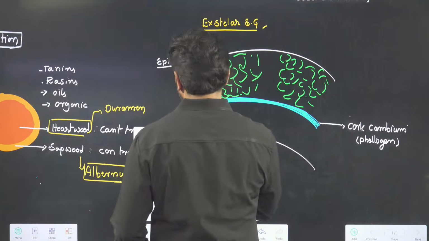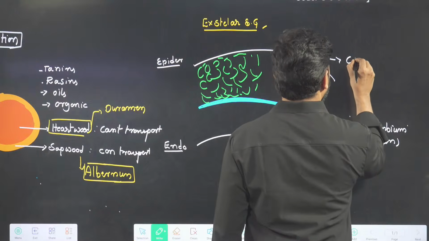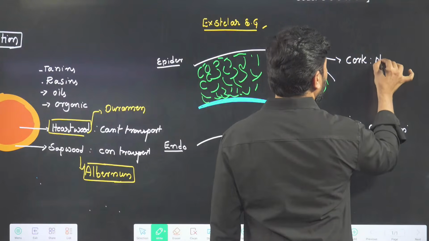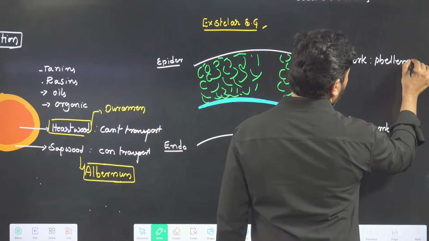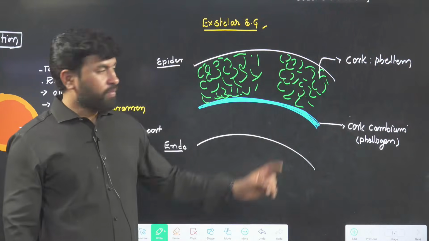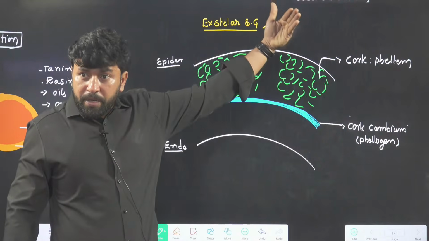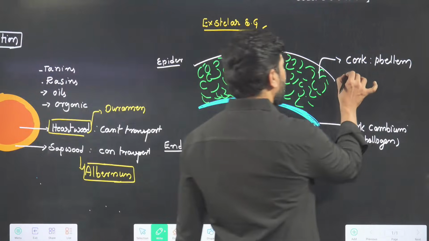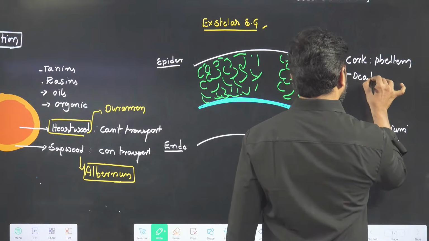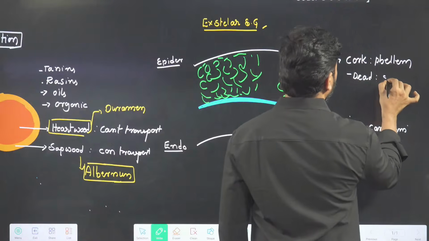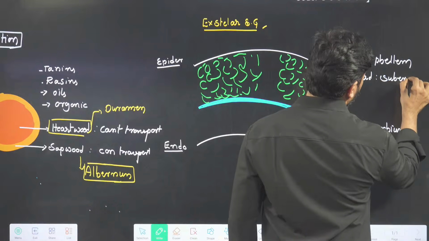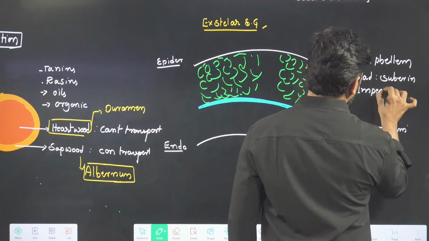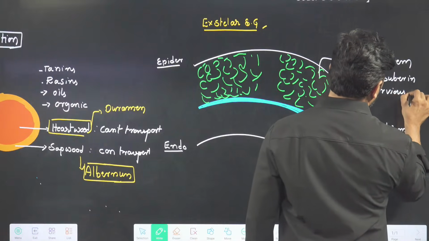This is called cork. The name of the cork is also phellum. Phellum is the cork, and it is produced towards the peripheral side. Cork cells are dead, and they are coated by suberin. Since they are coated by suberin, they are impervious to water.